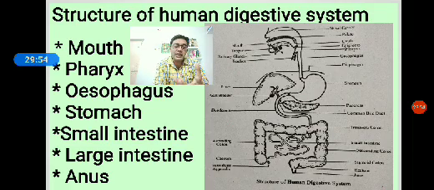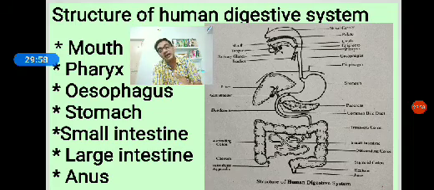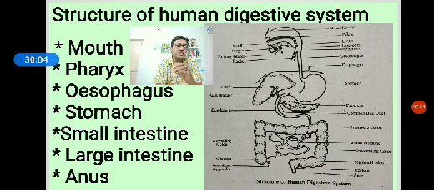The rectum is a storehouse of undigested food for some duration. When the feeling of defecation comes, the anus passes the undigested food outside. So this is the alimentary canal, or structure of the human digestive system.